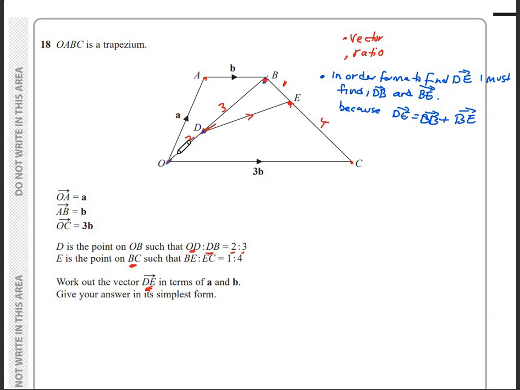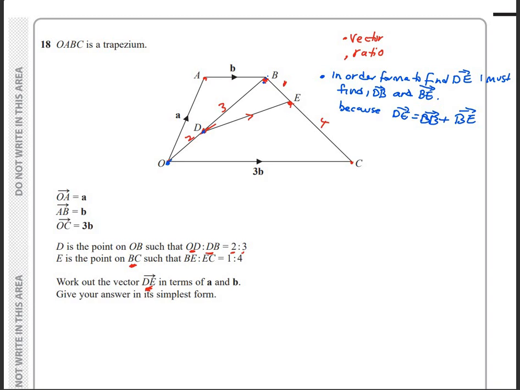So what's OB? Remember, to find any vector in vector geometry, we have to use our triangular law, which means we can't go directly from O to B. We have to go around the closest triangle. Notice that this triangle here, OAB, is the only triangle that I can really travel around to get from O to B.